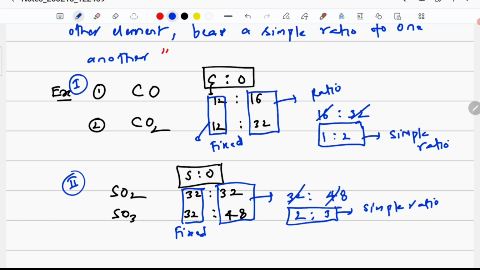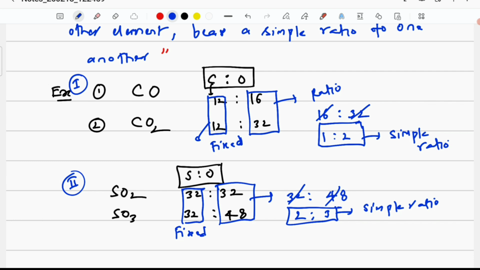That's what they mentioned here. The ratio of masses of the element which is combining with a fixed mass of the other element. In the first example, carbon is fixed. In the second example, sulfur is fixed. So the ratio of masses of the element which is showing change in mass is always a simple ratio to each other. Here 1:2, here 2:3. That's what they mentioned in the statement.